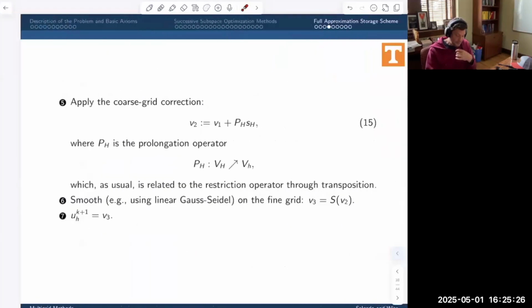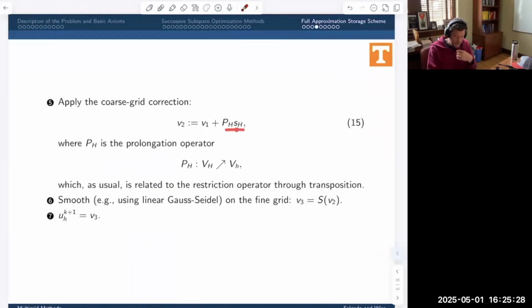To get the coarse grid correction, you have to push it up using a prolongation operator back up to the fine grid, right? And so what we're going to do is use that to correct that previous best guess we had, V1, and we're going to call the updated thing V2, right? So P capital H is the prolongation operator, takes something from VH and pushes it up to the fine grid, V little h.